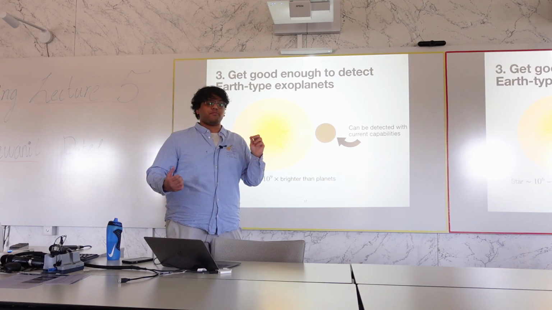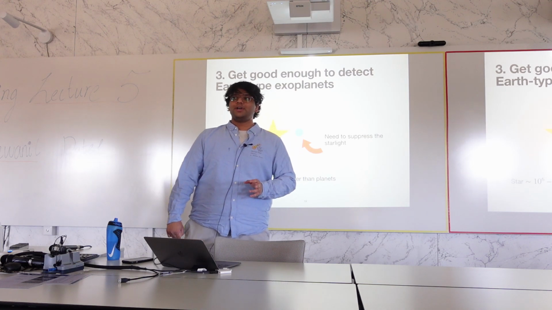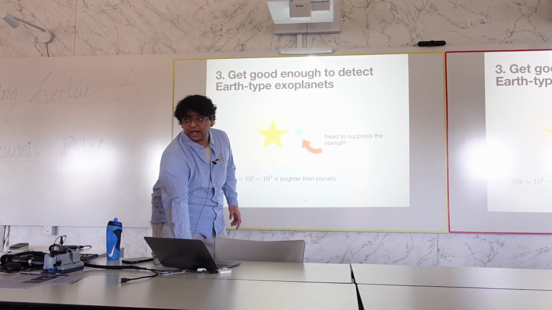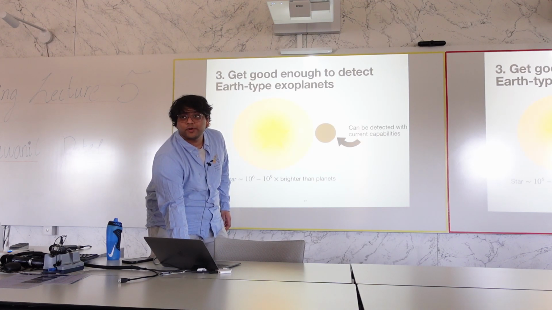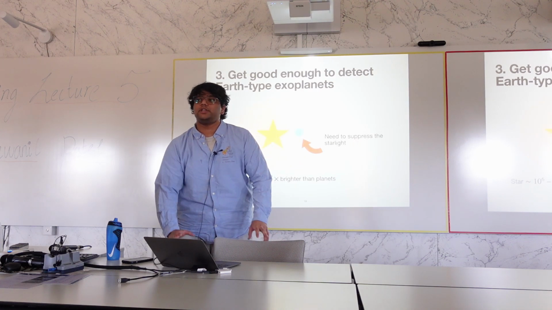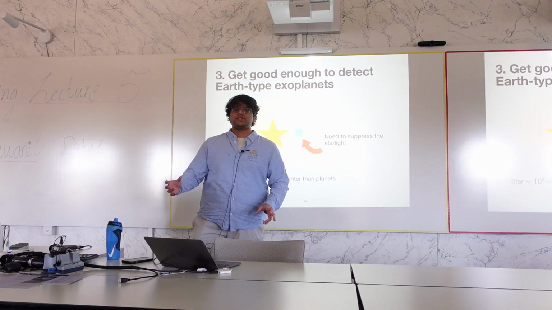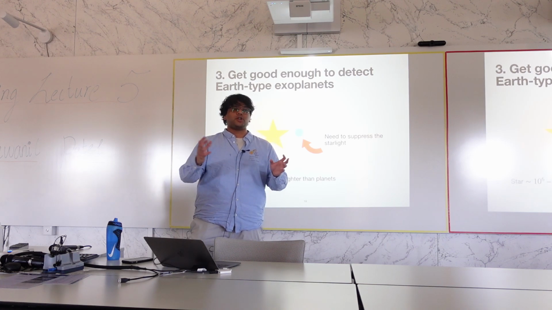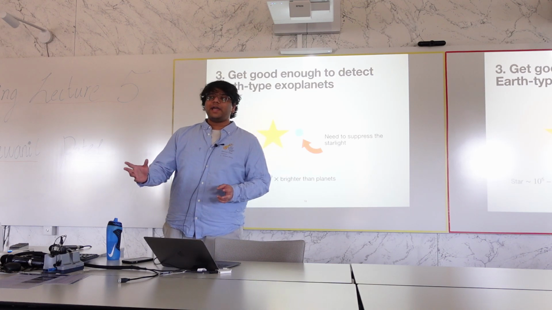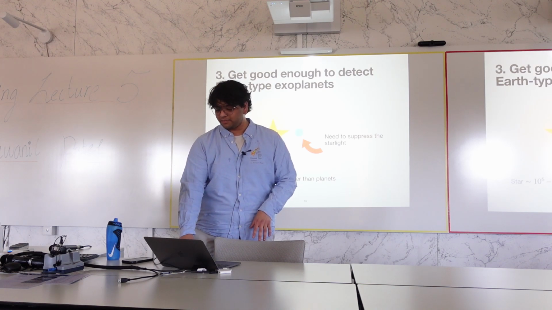If you want to find Earth-like exoplanets closer to the star, we need to suppress the starlight. You can see that the starlight was overwhelming the smaller planet which was closer to the star, and we need to suppress it. These Earth-type exoplanets are usually in what we call the habitable zone, or the Goldilocks zone, which is not too far but not too close either. And since the star is 10 to the power 9 times brighter than the planet, we need to somehow suppress the light.